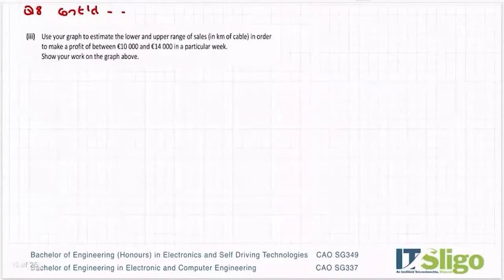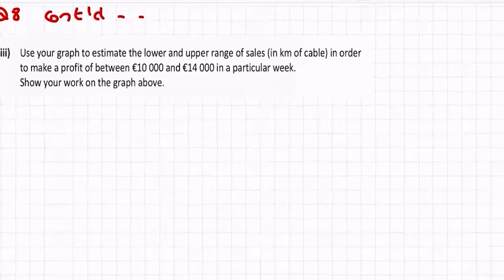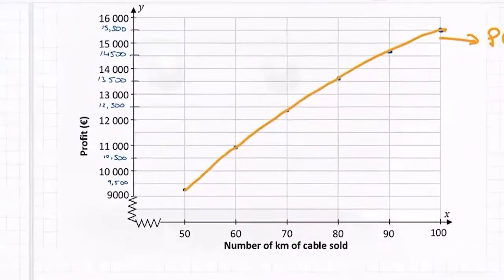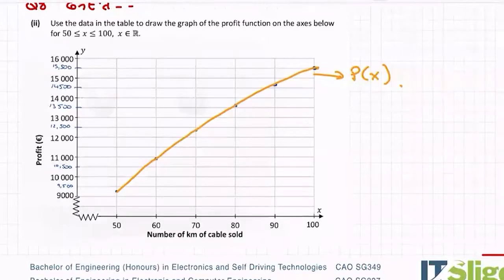Part 3 then: use your graph to estimate the lower and upper range of sales in kilometres of cable in order to make a profit between 10,000 and 14,000 in a particular week. So between 10 and 14 in a particular week, use your graph. The way I do it is, coming in from this side is money.